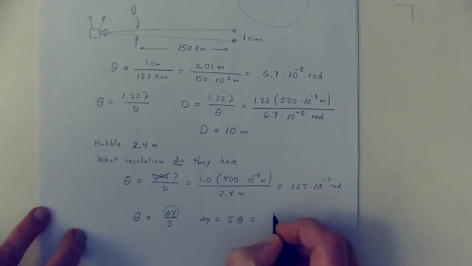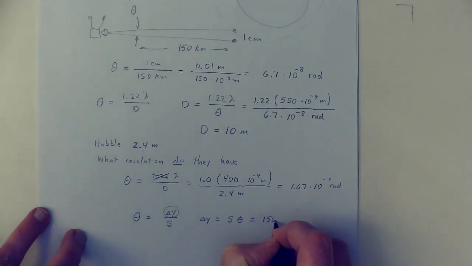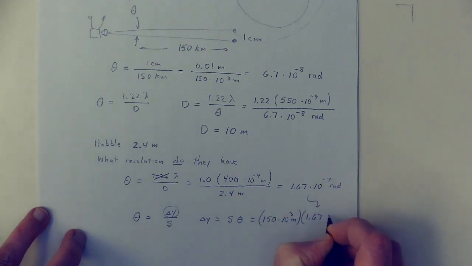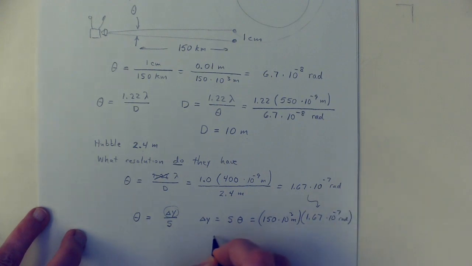So what distance away is it? Well, it's 150 kilometers, 10 to the third meters. And then I put this angle right in here, 1.67 times 10 to the minus 7 radians. And out will come a delta y, which is 0.025 meters, or if you like, 2.5 centimeters, which is about 1 inch.